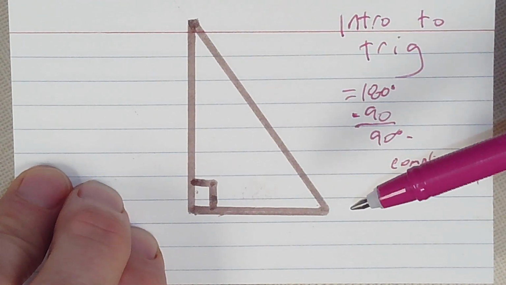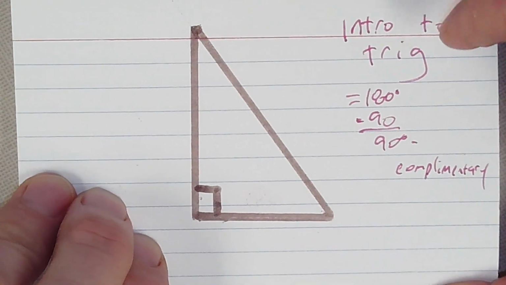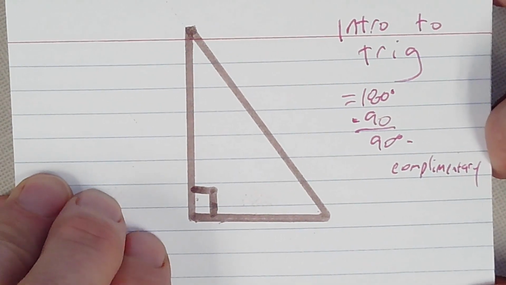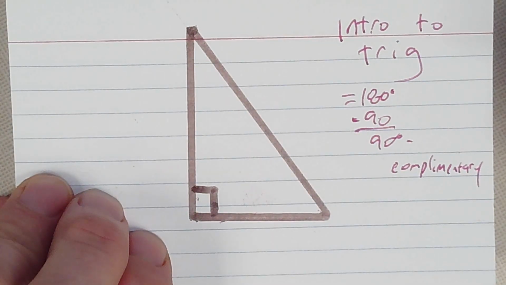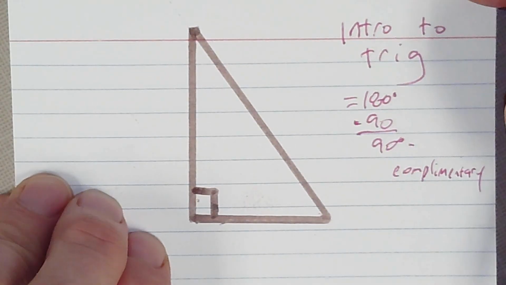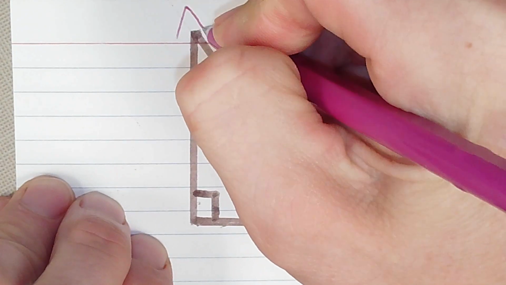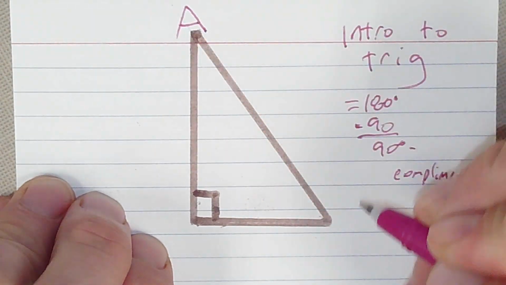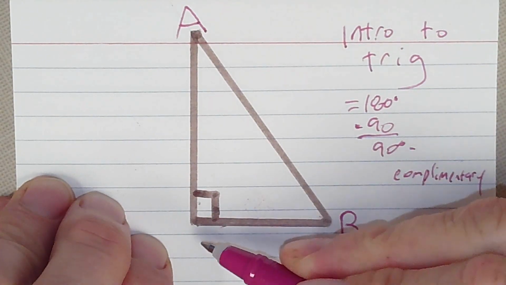Okay, so let's go ahead and name our triangle something pretty easy here. I'm going to pick some easy letters, and I have a reason for my letters. I'll call this one A. I'm going to call this one B. You might think I'm going to call this one C, but I'm not.